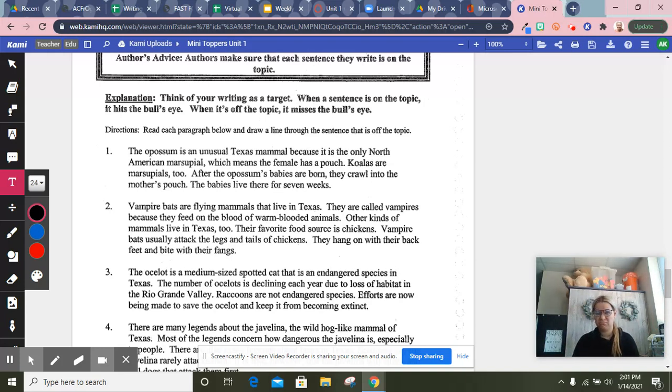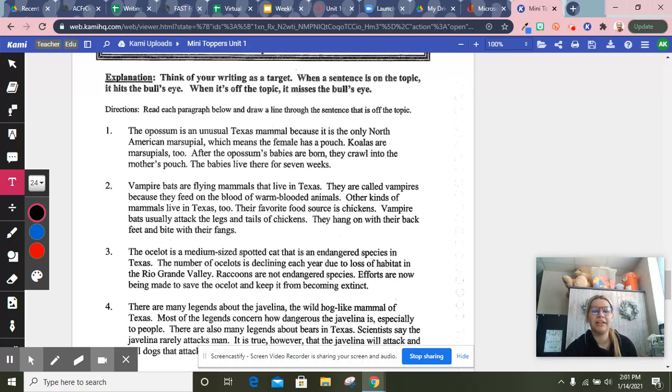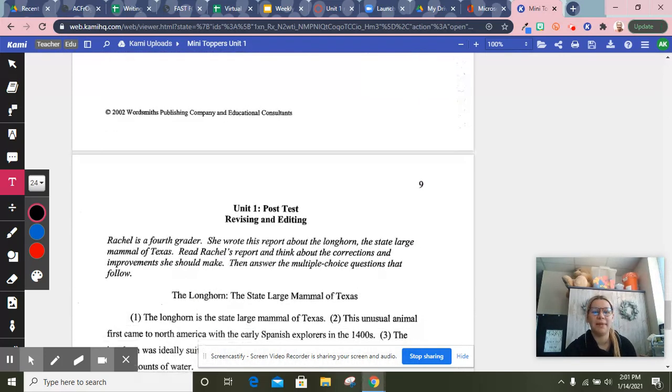Pancakes aren't a sandwich. That's off topic. So I wouldn't want that. So you're going to go through these and just draw a line through the sentence that's off topic. Whenever we are writing, we'll make sure to do this in our writing too, but sometimes it's easier to look at other people's writing and see where it's off topic. So you're just going to read through it and cross out what is off topic.